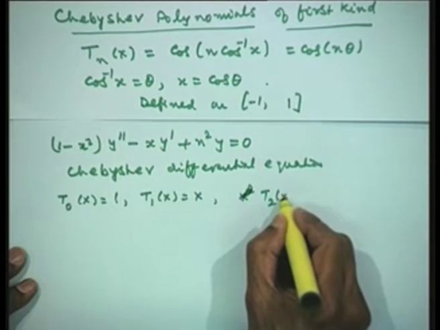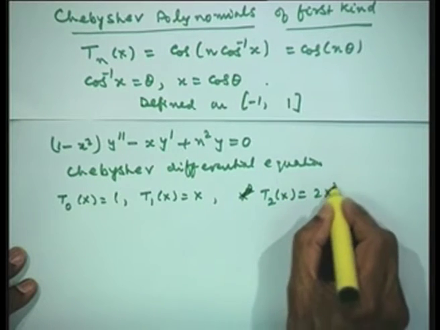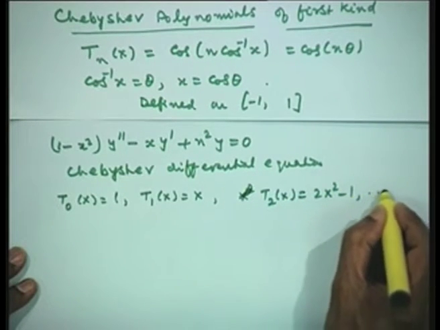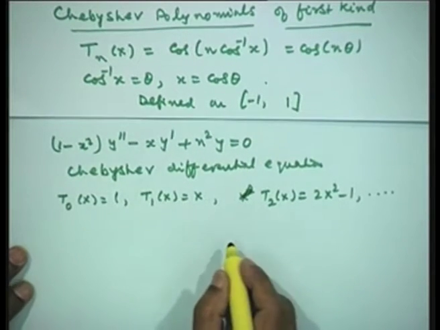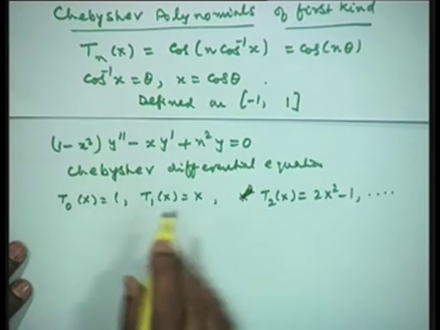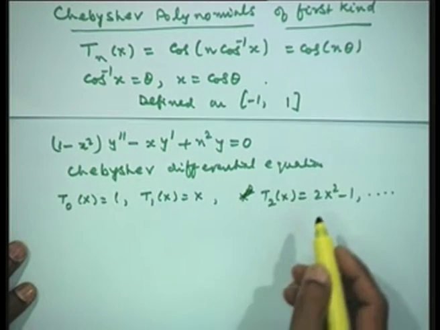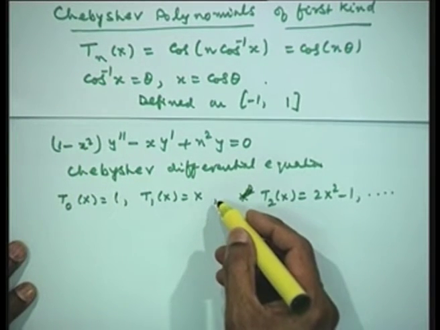T 2 x is equal to 2 x squared minus 1. In both the Legendre polynomials as well as Chebyshev polynomials, we can write x in terms of polynomials also.